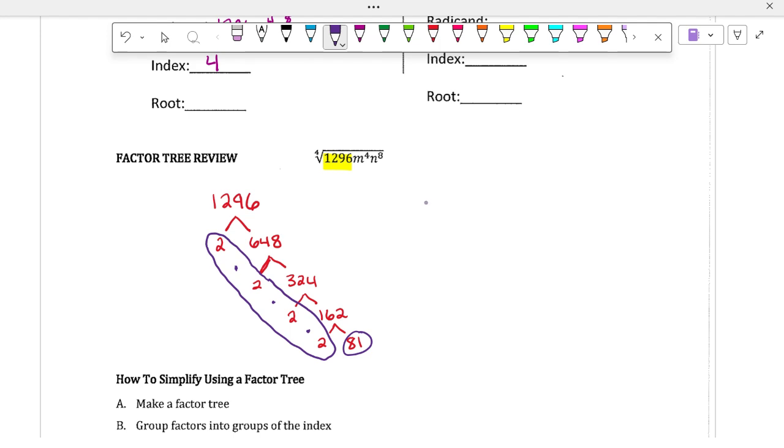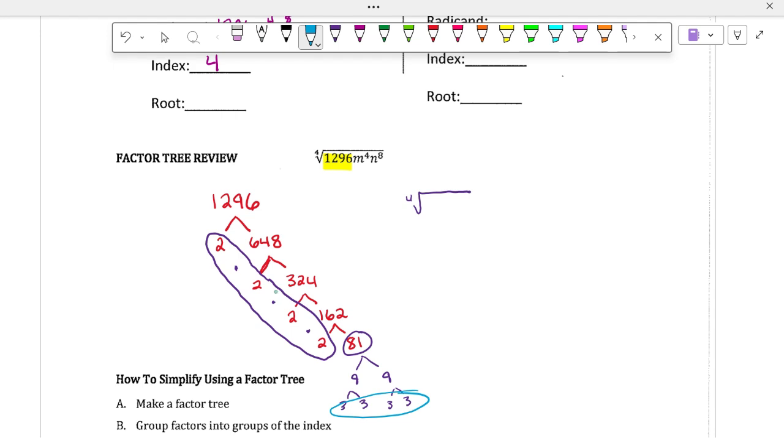16. So if I wanted to rewrite this fourth root, because remember, we're looking for groups of 4, and if you need to, you can break down the 81 further into 9, 9, 3, 3, 3, 3. And as you can see, there's 4 3s. So sometimes breaking it down into your prime factors actually gives you an idea of what needs to come out.